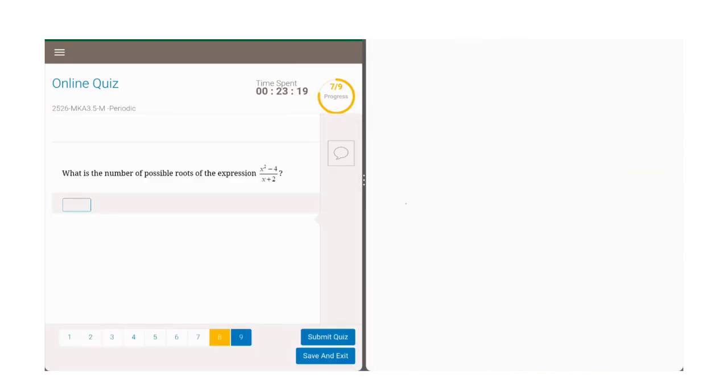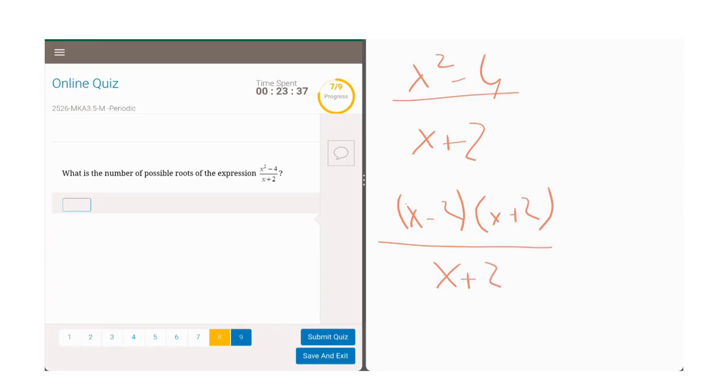For the possible roots of x squared minus 4 over x plus 2, they're asking for how many roots, not what root it is. So you need to be careful while reading the question. Here you can factor the numerator, difference of two squares, so x minus 2 into x plus 2, all over x plus 2. So you take the roots, this should be equal to 0. So x minus 2 equals 0, so x equals 2.